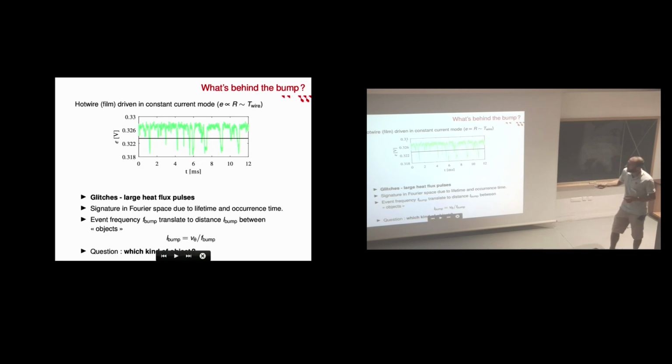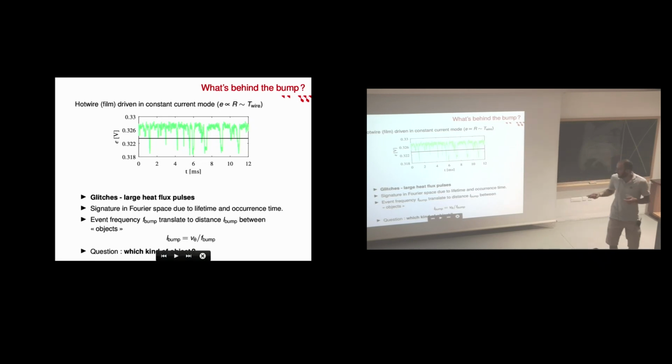Sometimes we see that the temperature of the wire drops rapidly and comes back, and we have events like this. In fact, the bump in the Fourier space is a signature of, at the same time, the lifetime of those pulses, those glitches, and their time separation.